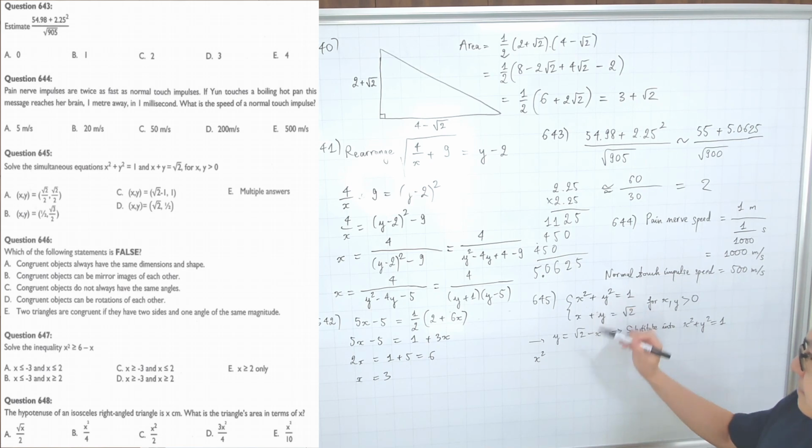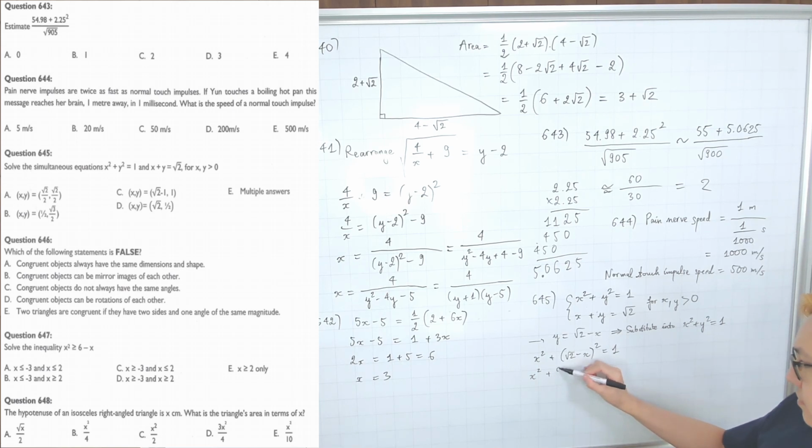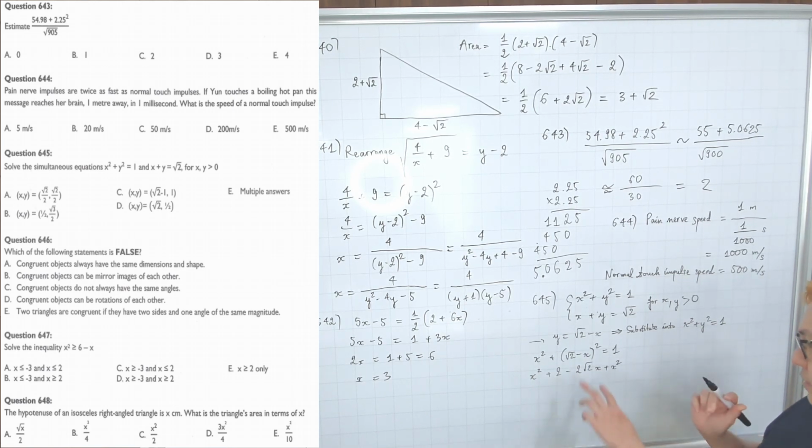So square root of 2 minus x, squared, plus x squared equal to 1. So that is gonna be 2 minus 2 square root of 2 x plus x squared, plus x squared, and then move number 1 to the left.